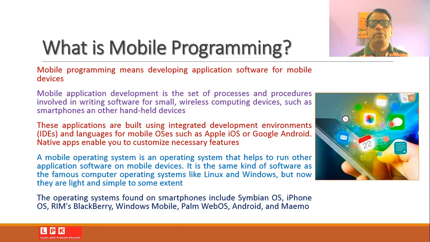All these applications have been developed for the Android operating system, and the users of Android phones can make use of such applications. They can download these applications from the Google Play Store, install them on their mobile devices, and make use of them.